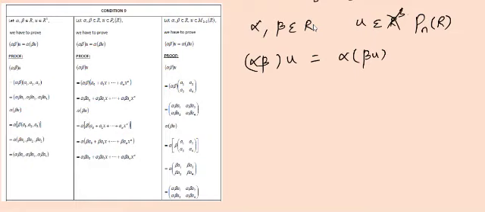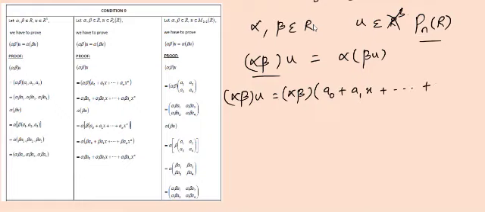Here I am taking from Pn(R). Now I am just finding out (alpha beta) into U. It will be A0 plus A1x up to An x power n. Now I have to multiply alpha beta inside, so that I will be getting this term. Very simple addition and multiplication. Only written work is there.